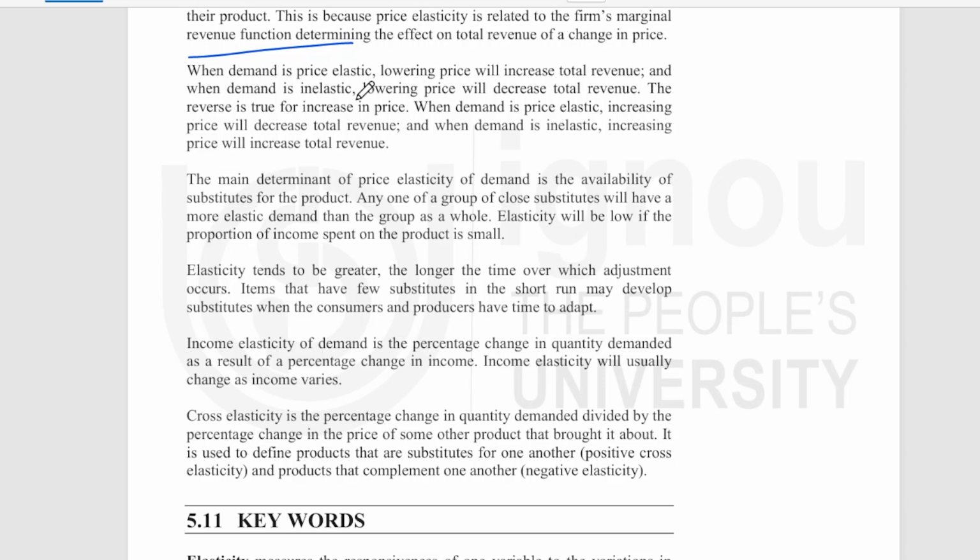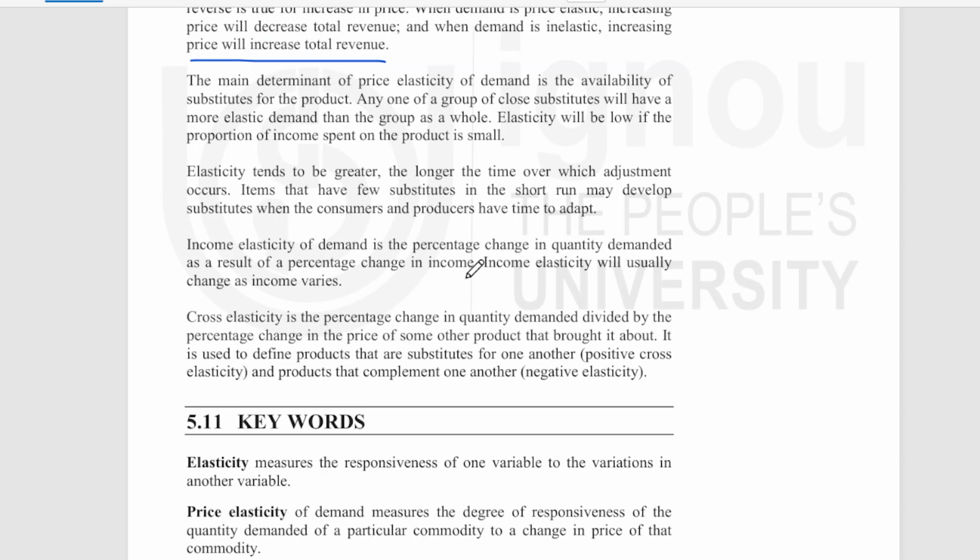When demand is price elastic, increased price will decrease total revenue, and when demand is inelastic, increasing price will increase total revenue. And the main determinant of price elasticity of demand is the availability of substitutes for the product.